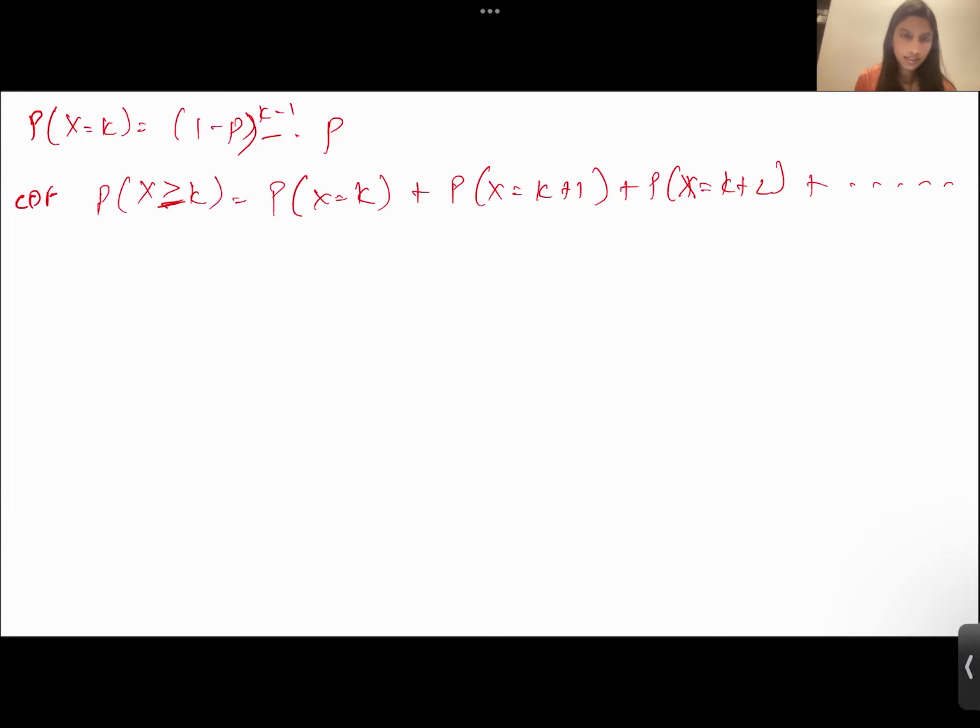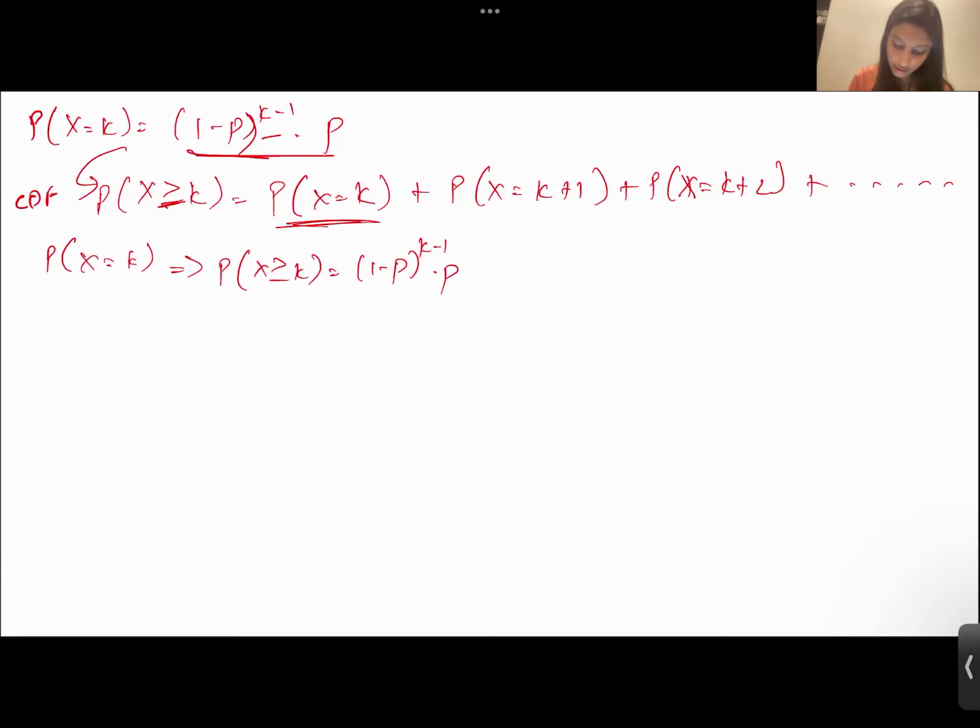Now we substitute the expression for P(X = k) here. So what do you get? P(X ≥ k) is equal to, what is P(X = k)? (1 − p) to the power k minus 1 into p. Plus P(X = k+1), which would be (1 − p) to the power k minus 1 plus 1 into p, so these cancel out and you just have k in the power.